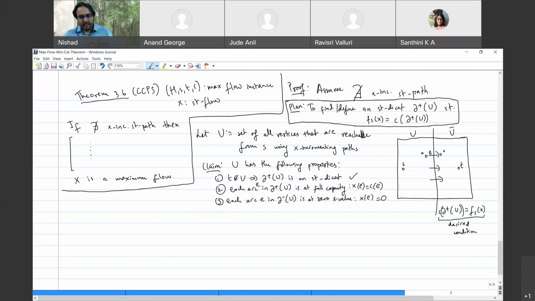Exactly, you could add one more vertex. The vertex v should then be in U, because you reach U and then you take this arc, and by definition of x incrementing path, you will have a bigger x incrementing path which will go all the way to vertex v. That is a contradiction. Thank you. So these two are easy properties, and I will just say do it yourself, and we just discussed one of them.